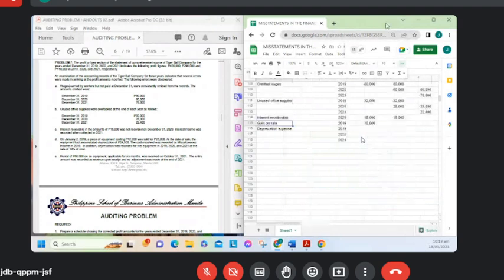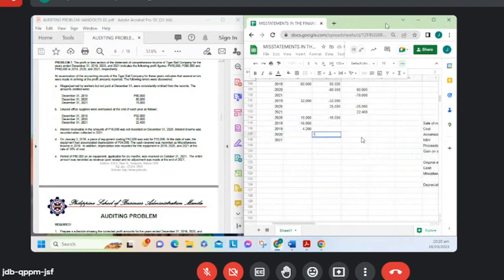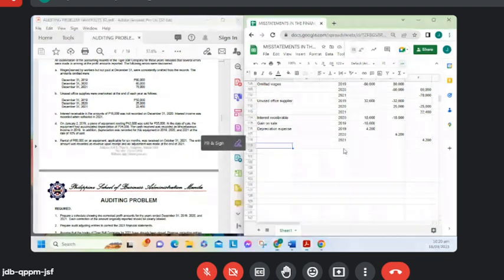So there is an overstated expense resulting to understated net income by 4,200, 4,200, 4,200. And next is rental. So that's for letter D.